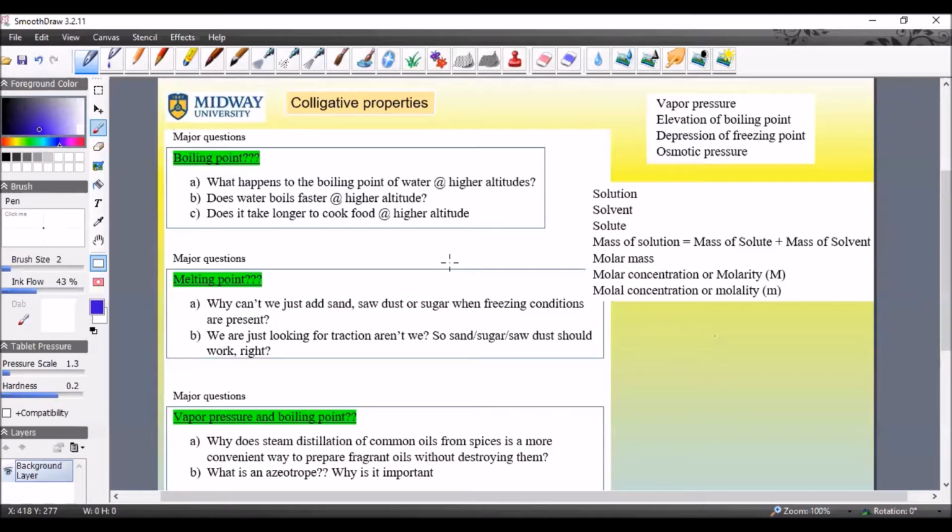How do you find the mass of a solution, which is the mass of a solute plus the mass of a solvent? And of course, you've done enough problems to know what molar mass is. And the two major concentration units that we learned are molar concentration, or molarity, and molal concentration, also known as molality.